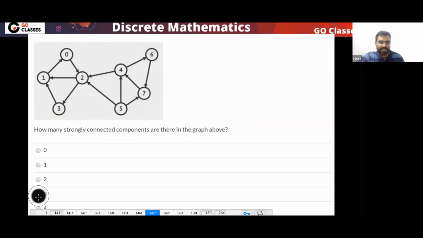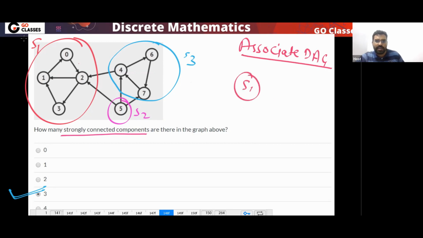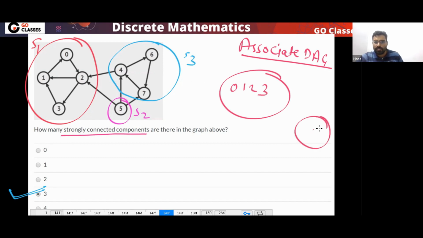Yeah, it is already marked. Okay, so let me remove. Actually, the associated DAG, what will that be? The associated directed acyclic graph will be like this: 0, 1, 2, 3, 5, 4, 6, 7.